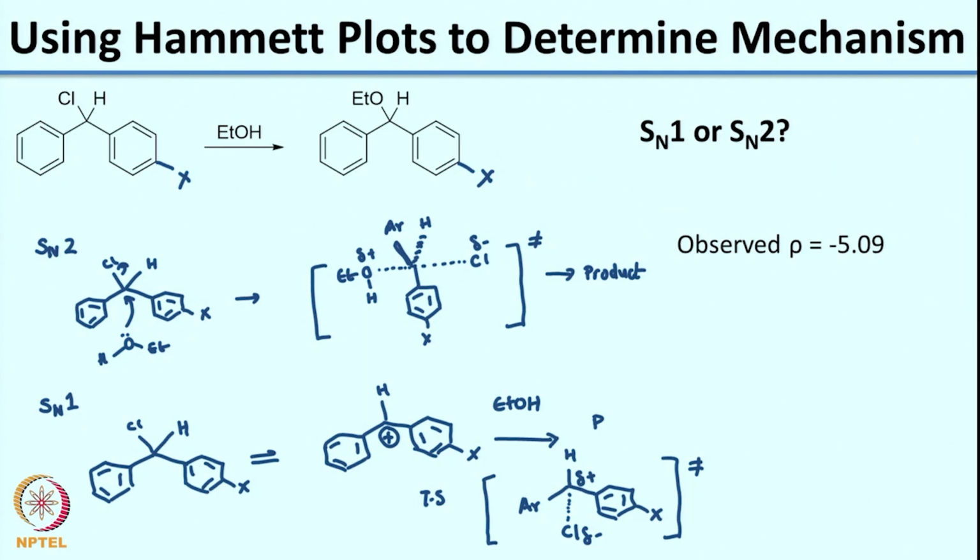So, obviously as we saw in the previous slide, in this case since you have the positive sign very close to the aromatic ring, you would have a much larger effect of the substituent and the value would be negative as electron releasing groups will stabilize this positive charge. So, based on the observed rho value, the conclusion is that the reaction is SN1 and not SN2. So, this is an illustration of how you can use Hammett plots to determine mechanisms.